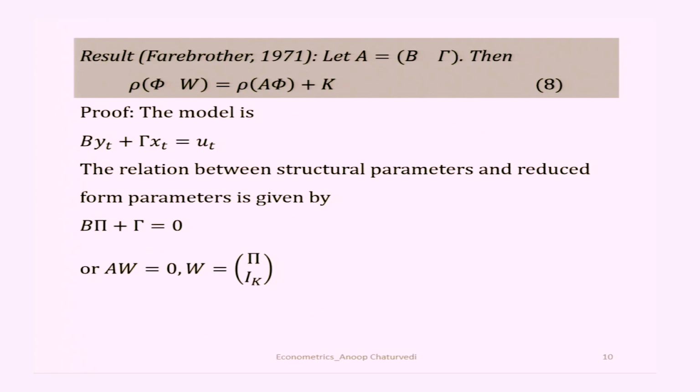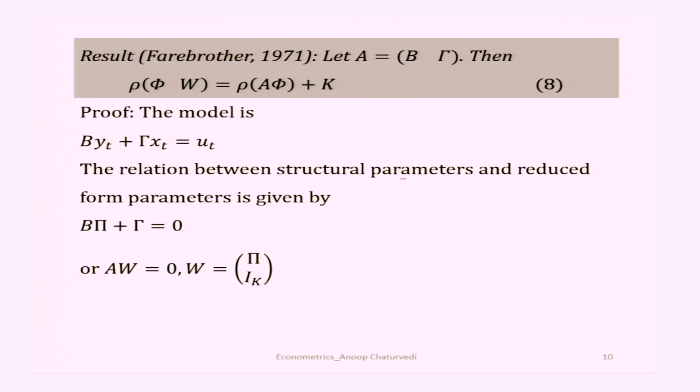Now, we prove this result. Suppose A is equal to B gamma, then rank of phi W is equal to rank of A phi plus capital K. To prove this result, we consider this model B y t plus gamma x t equal to u t.